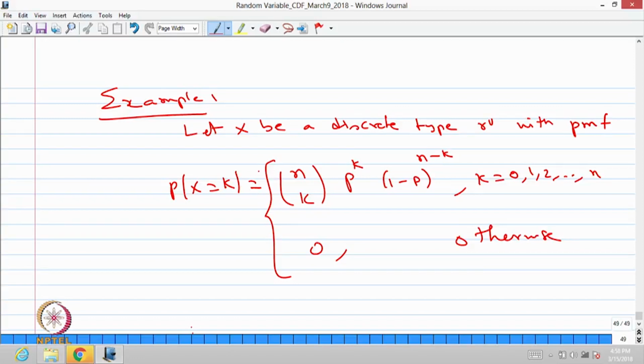So, this satisfies the properties to define the probability generating function. So, one can go for finding the probability generating function for this random variable.